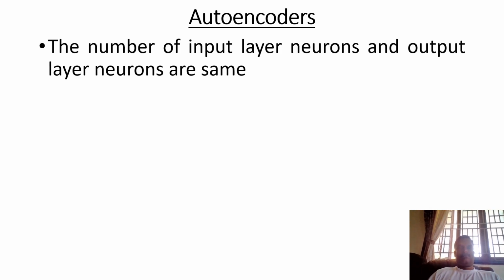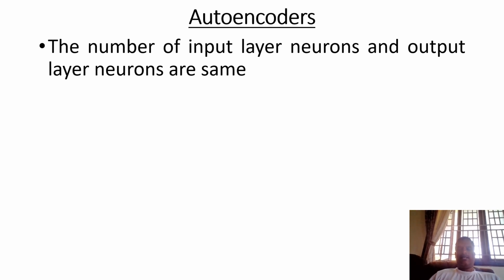So you will have different numbers of layers and your condition is the input layer neurons should always be equal to the output layer neurons. As we saw in the first diagram, the main reason is that your output is going to be checked against the input in the output layer.